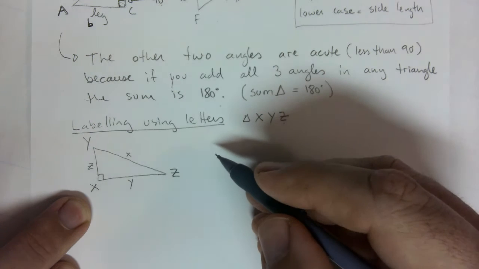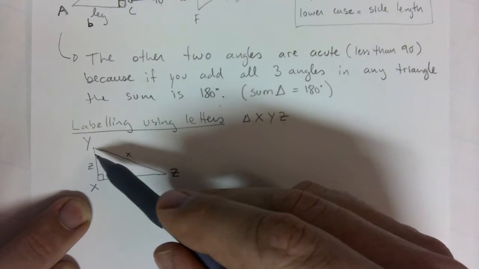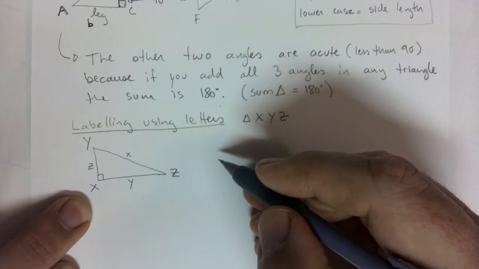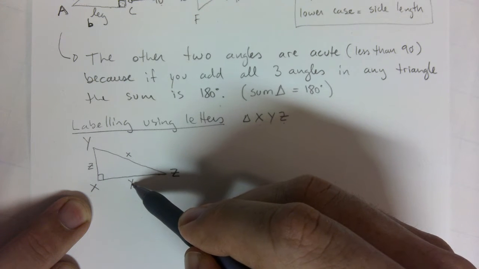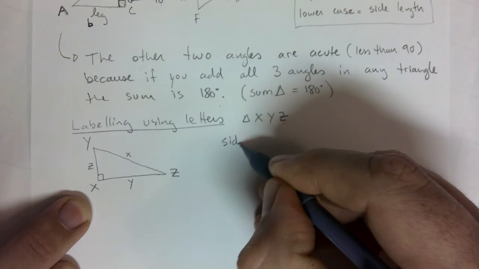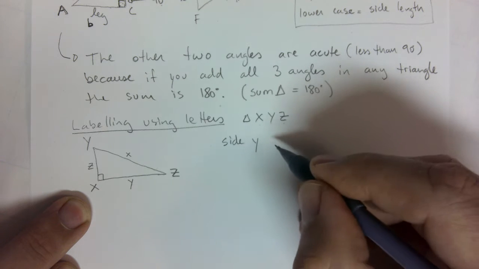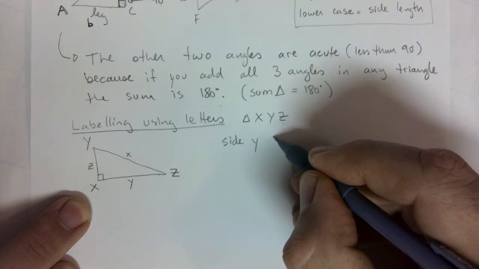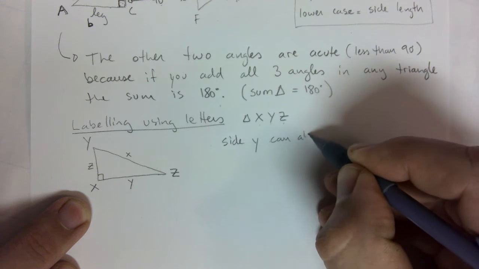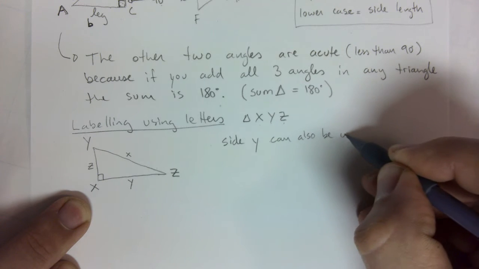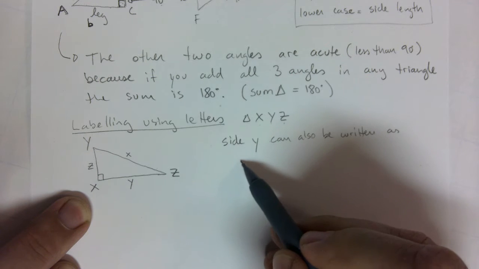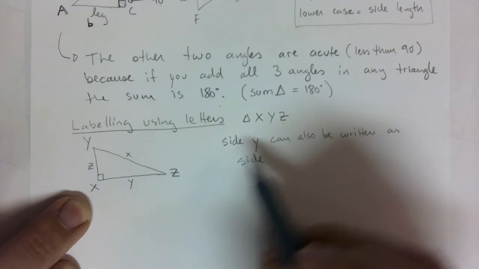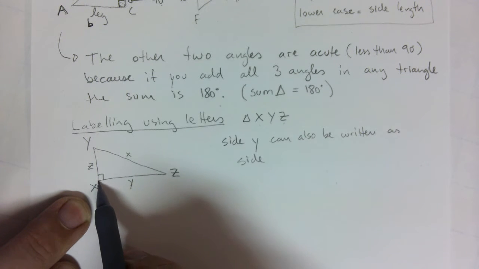So we label, right, across the angle is the side length. So side y can also be written as side, where is y? Y is right here, is xz.